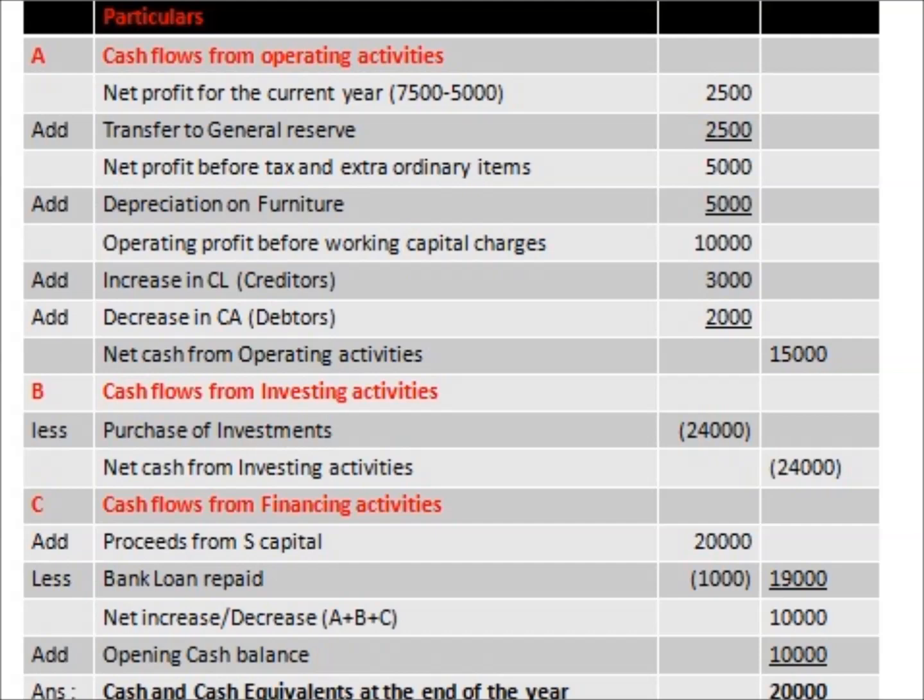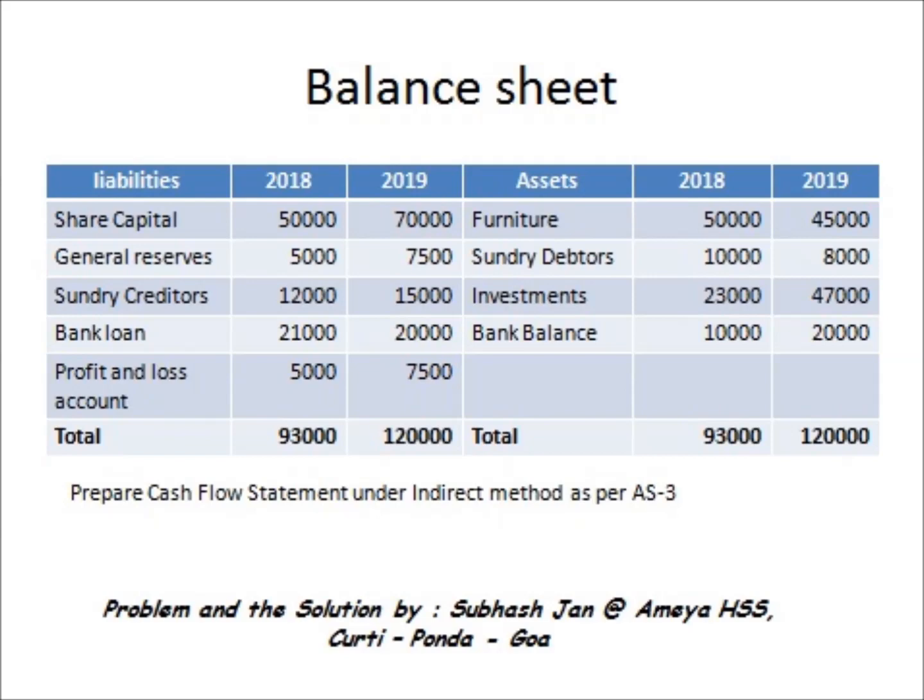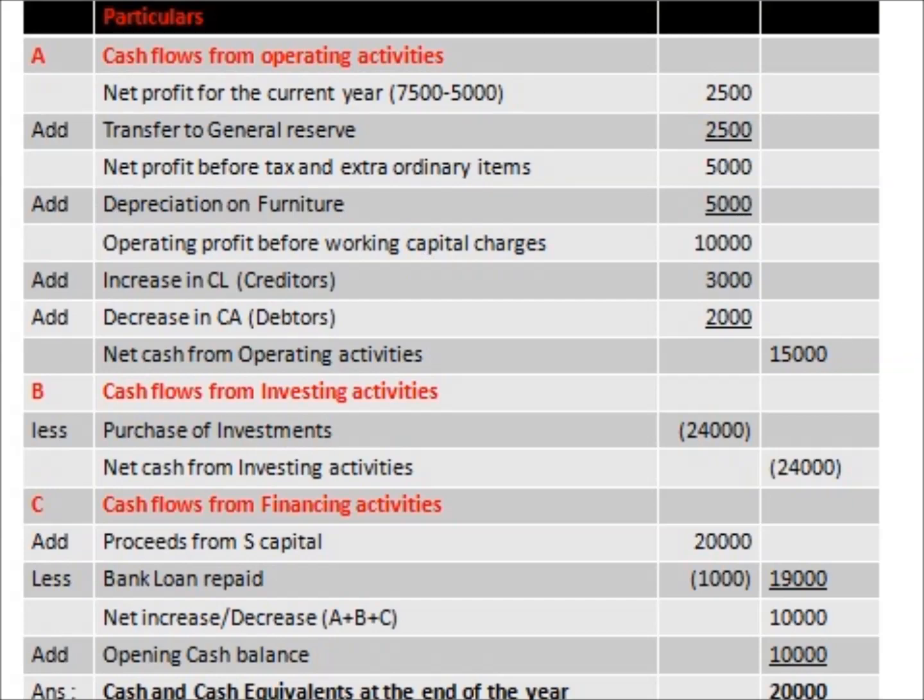Then you add the opening cash and bank balance, which is the bank balance of the first year, 2018, rupees 10,000. Once you add that, you get cash and cash equivalents at the end of the year, 20,000. This figure should equal the cash and bank balance at the end of the current year shown in the balance sheet, rupees 20,000. So we have solved this very simple problem, to tell you the basics of how a cash flow statement is prepared.